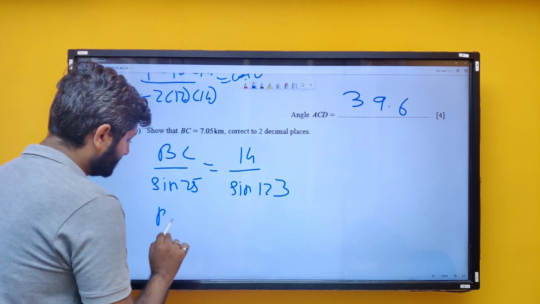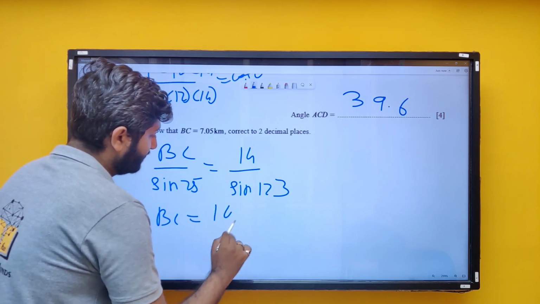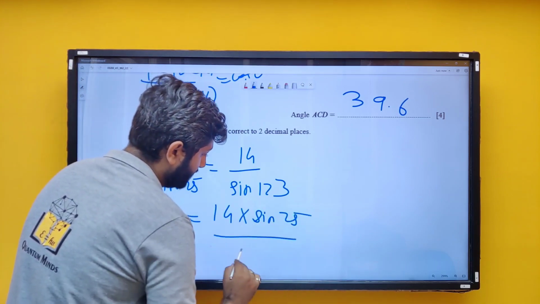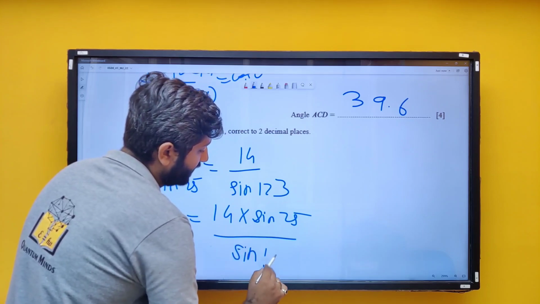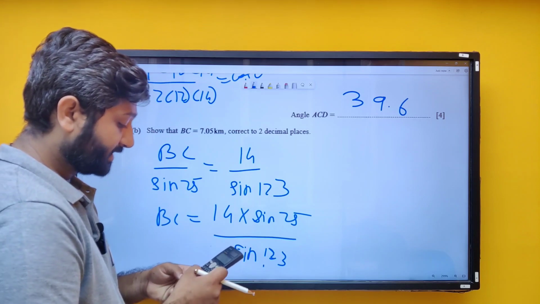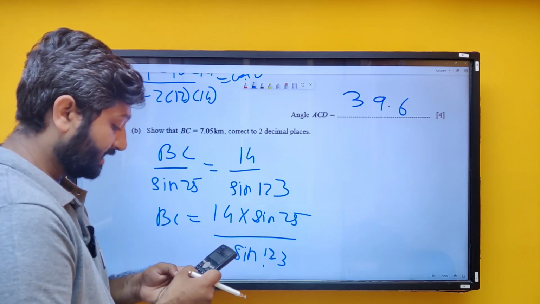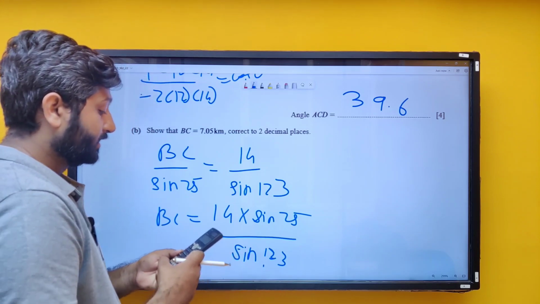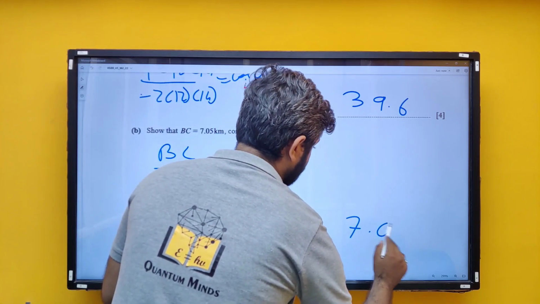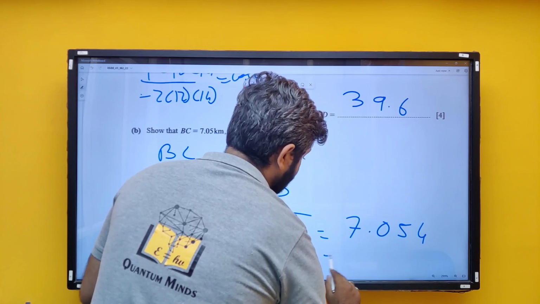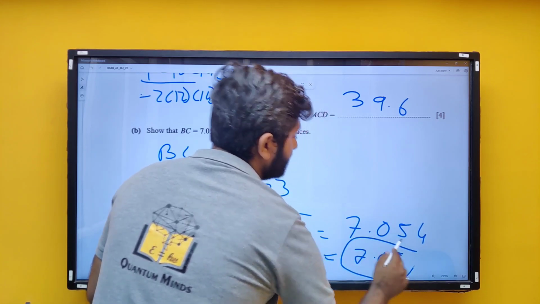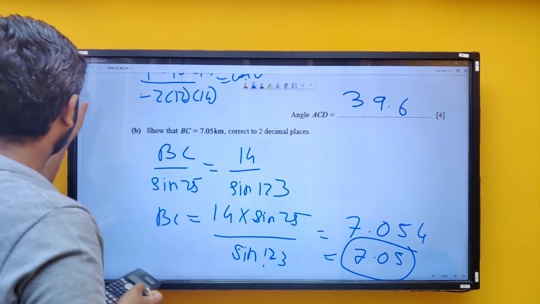So BC equals 14 into sine 25 upon sine 123. The answer is 7.054, so up to 2 dp, 7.05 is my answer.